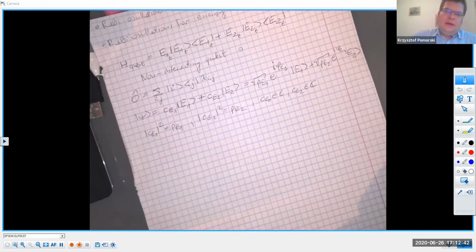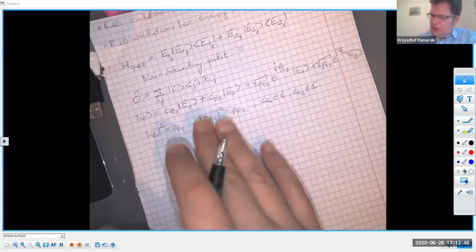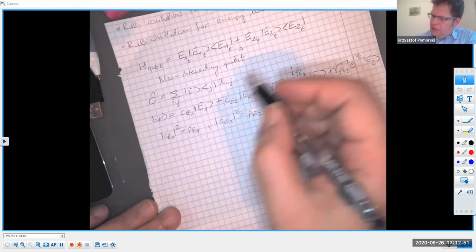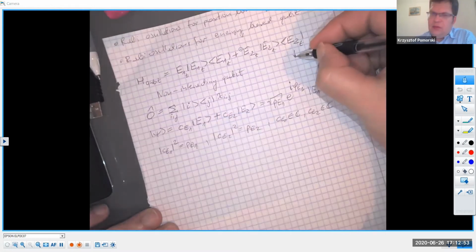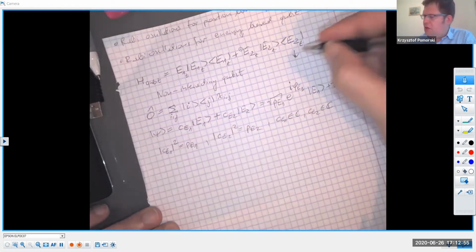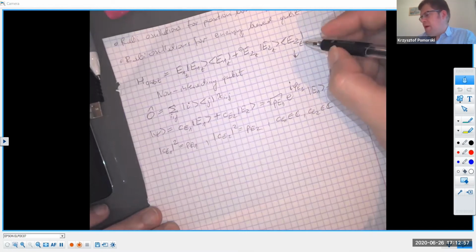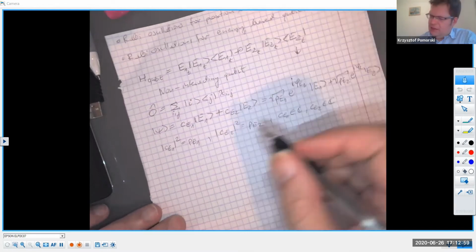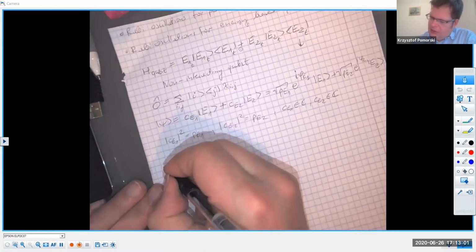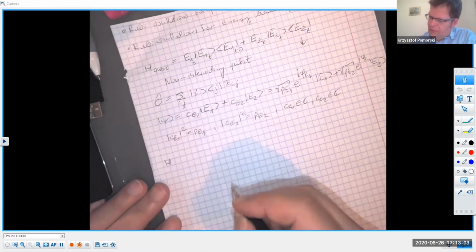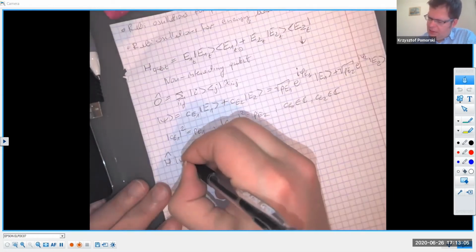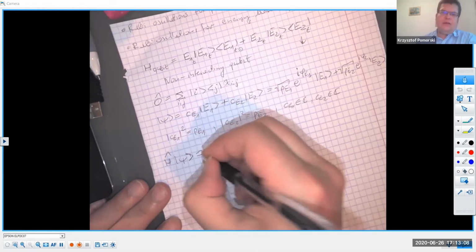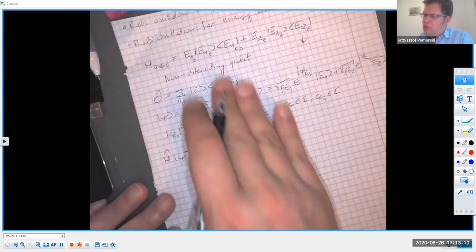And let's say I have such a Hamiltonian, the Hamiltonian of an isolated quantum system. I can see that the action of the Hamiltonian on my state is nothing else than, so there are two projectors.